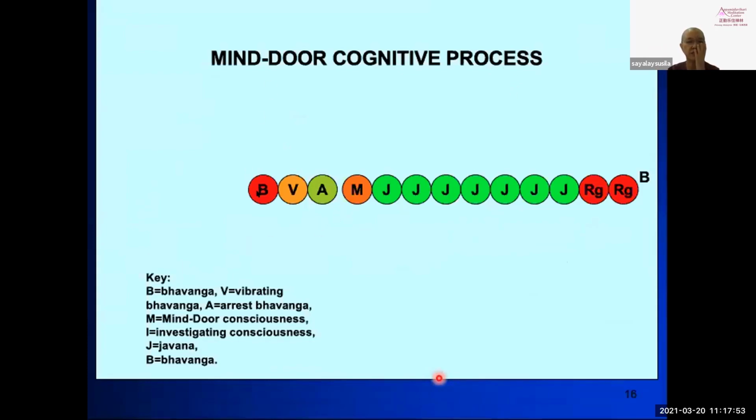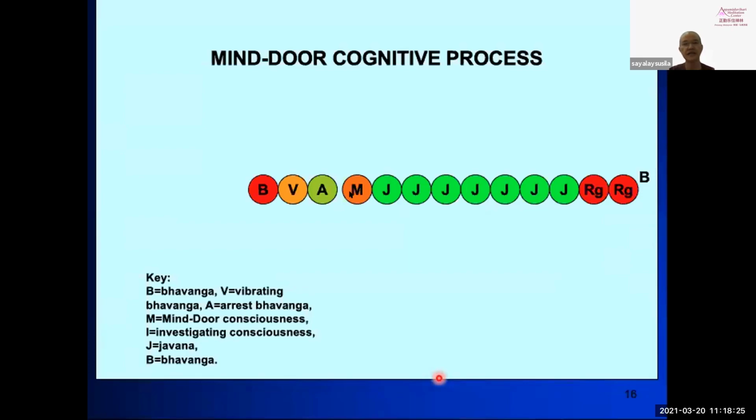First is bhavanga, because bhavanga must arise in between 2 cognitive processes. Before this bhavanga there is also a stream of bhavanga, how many we do not know. Then vibrating bhavanga, arresting bhavanga. All cognitive processes must emerge from the bhavanga. Please remember this point.